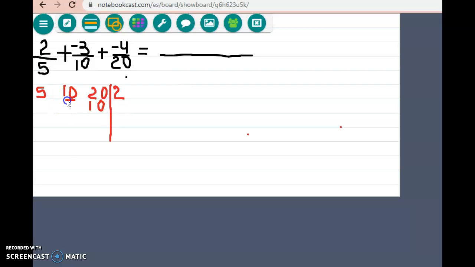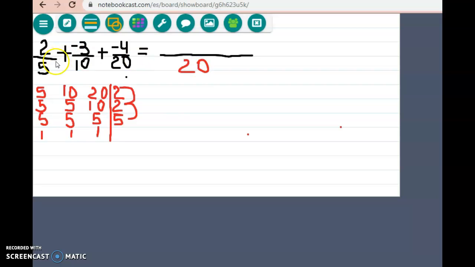The half of 10 is 5, and we bring down the number 5. The fifth of 5 is 1, so we multiply 2 times 2, 4. 4 times 5, 20. It means that the least common multiple is 20.